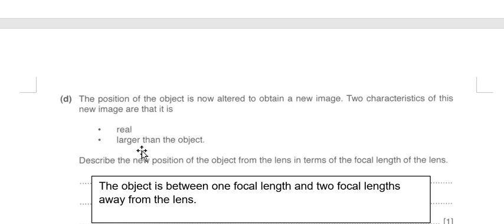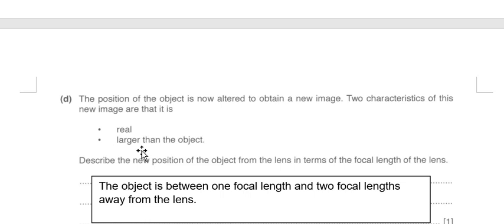So when u is between f and 2f, the image is larger than the object and is real. At u equals f, I stress again that actually there's no image because the rays are parallel. In this case, I disagree with the textbook which says that the image is upright, virtual, and magnified. At u equals f, there is no image because the lines are parallel. There's no way to meet.